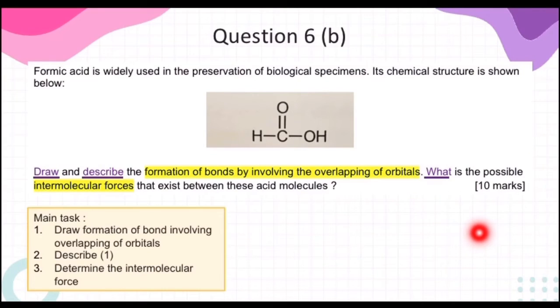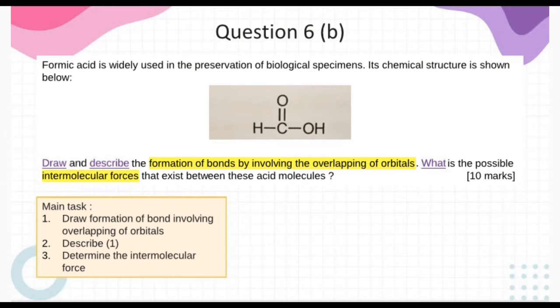B. Formic acid is widely used in the preservation of biological specimens. Its chemical structure is shown below. Draw and describe the formation of bond by involving the overlapping of orbitals. What is the possible intermolecular forces that exist between this acid molecule? This question usually carry around 10 marks.